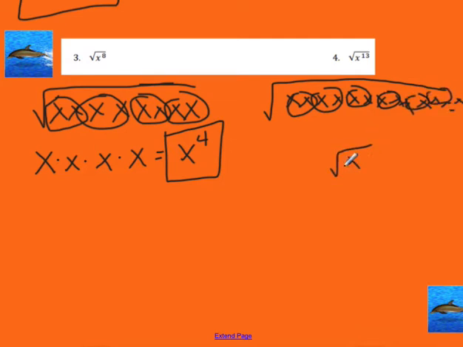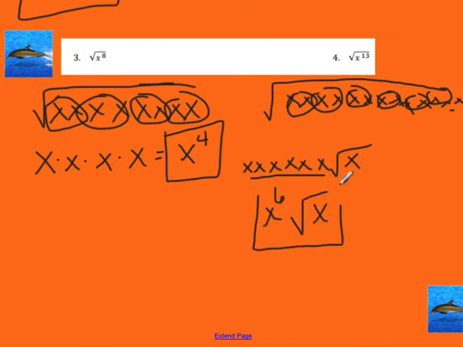So you should only have the letter to the first power left underneath the radical, because if there's more than that, then that means there's a pair somewhere. So we have 6 pairs that we took on the outside. So I wrote 6 x's on the outside. So now we're going to multiply all of those together, and that's going to give us x to the 6th times the square root of x. So your final answer is x to the 6th times the square root of x.